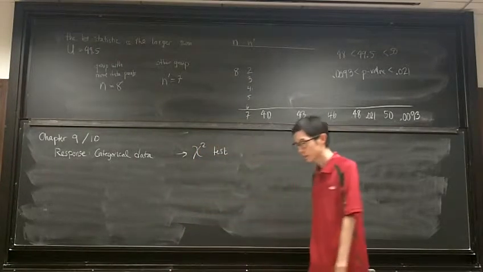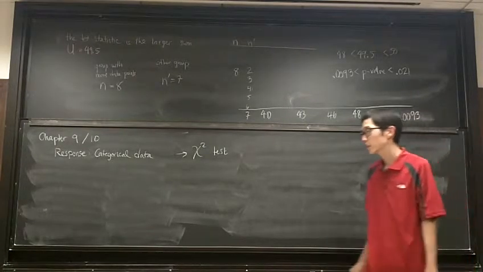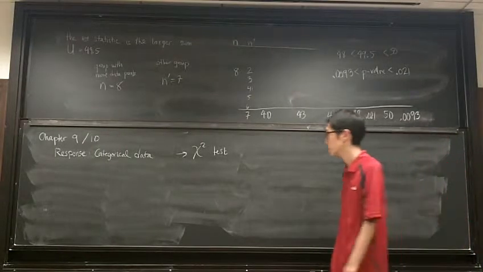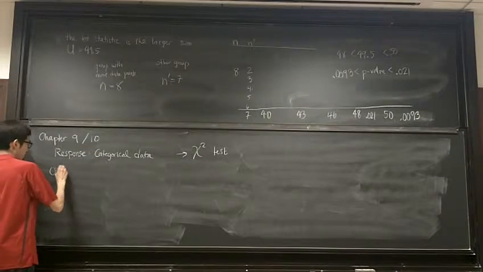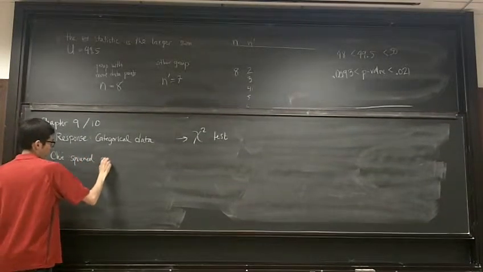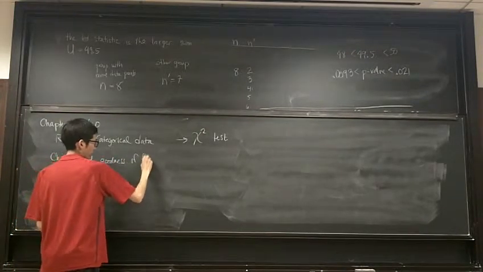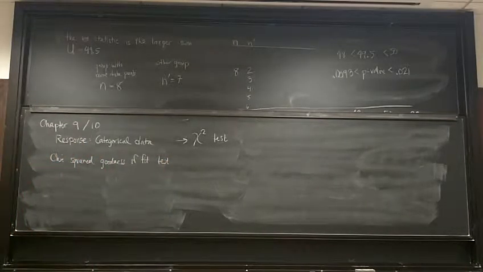The first one is known as the chi-squared goodness of fit test.